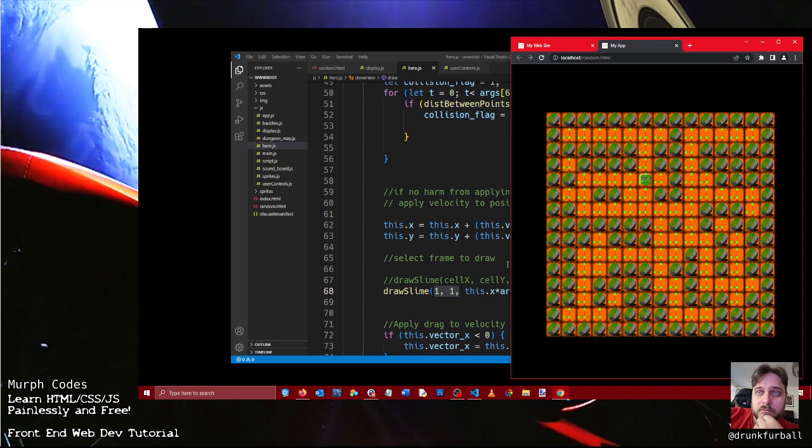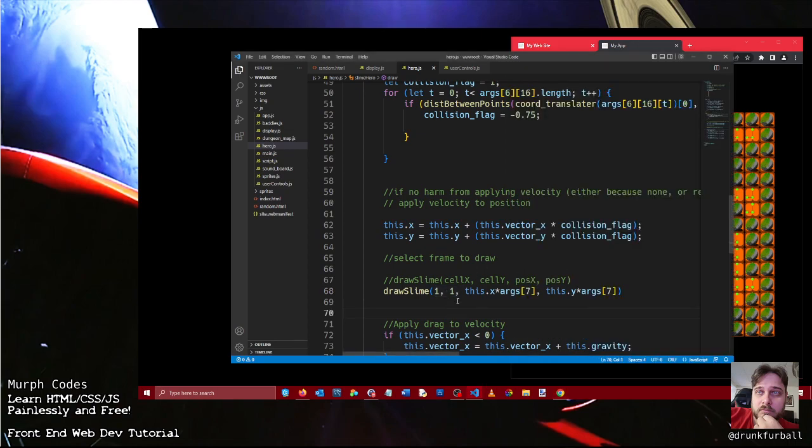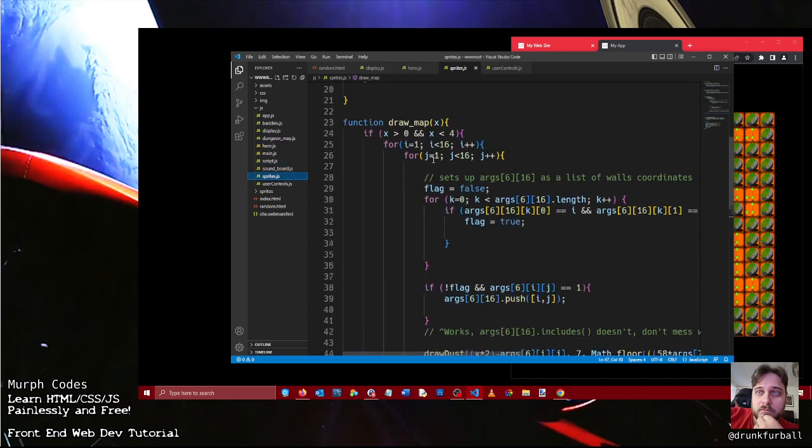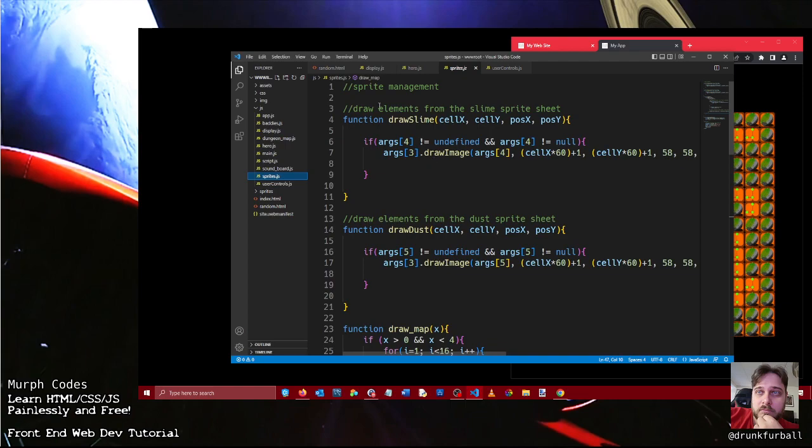All right. So, what we need to do is we need to figure out what we're doing instead of 1-1. All right, because if we go back to this one, go up to draw slime, cell X, cell Y, that's our 1-1.